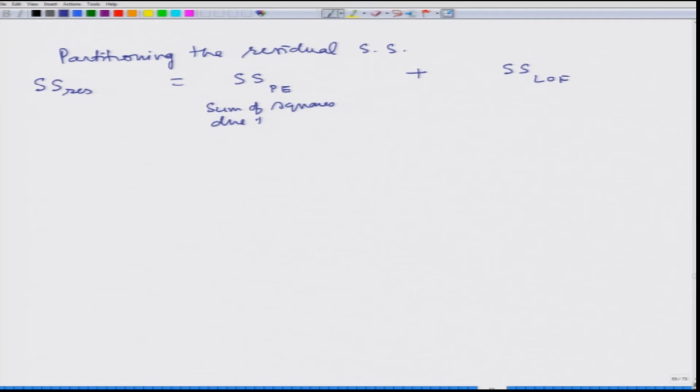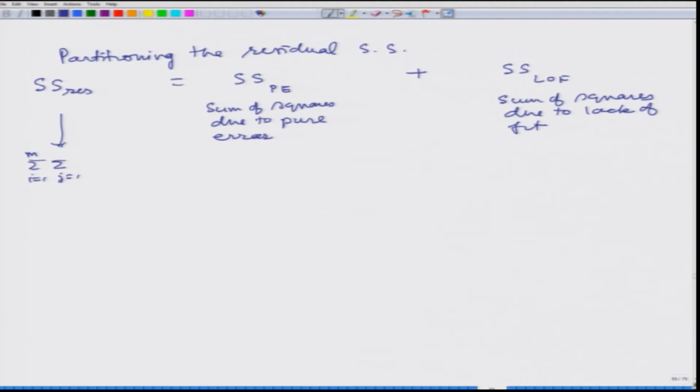And you know that the sum of squares due to residual is the summation, i from 1 to m, j from 1 to ni, of yij minus y hat i whole square.